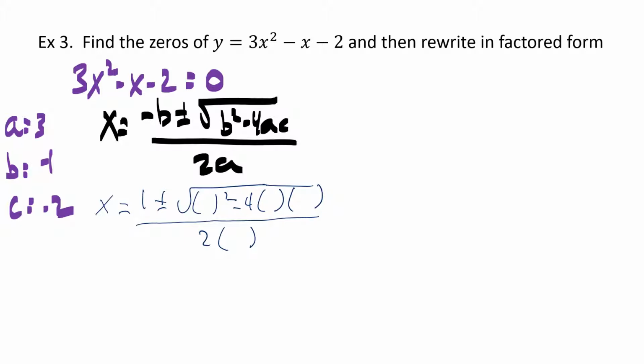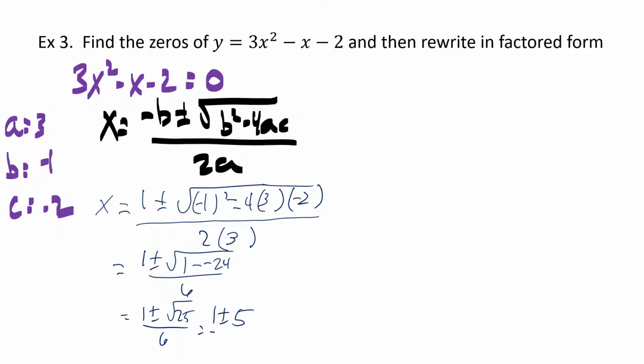So b is -1, a is 3, c is -2, a is 3. So I get 1 plus or minus square root 1 minus -24 all over 6. So I get 1 plus or minus square root 25 all over 6. That'll be 1 plus or minus 5 all over 6.